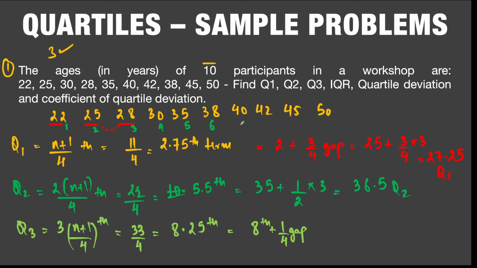This is the 7th term, this is the 8th term. The 8th term means 42, and the gap that we have is equal to 3 into 1 over 4. This would give me the answer 42.75 as Q3.